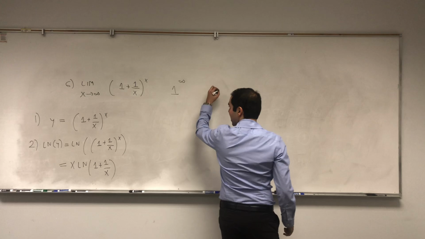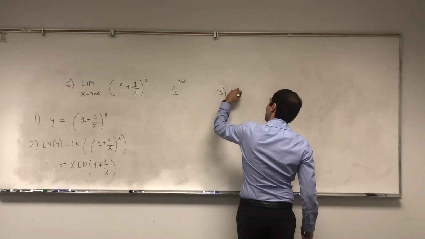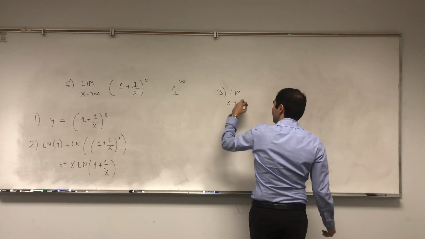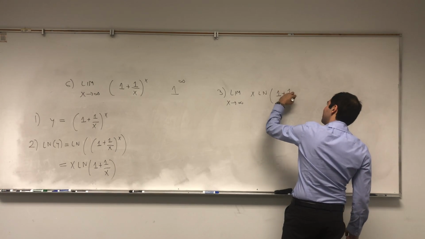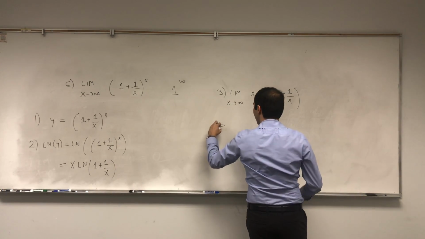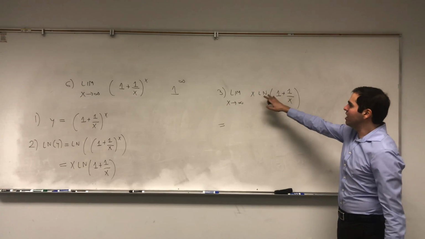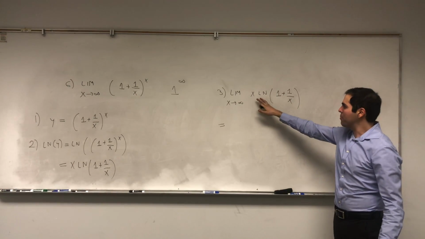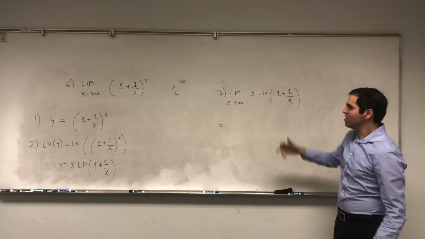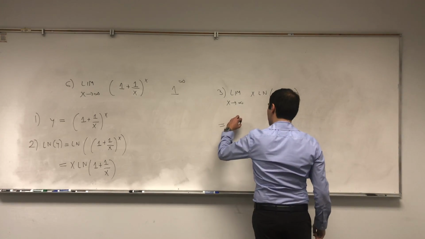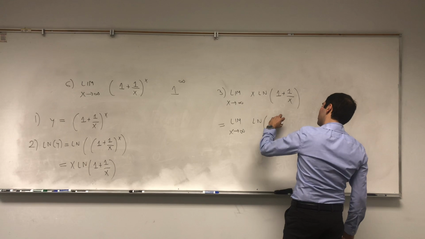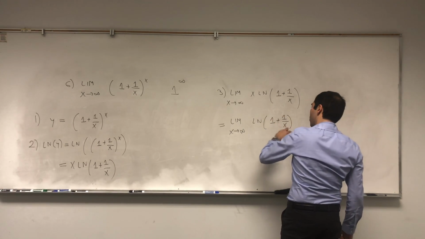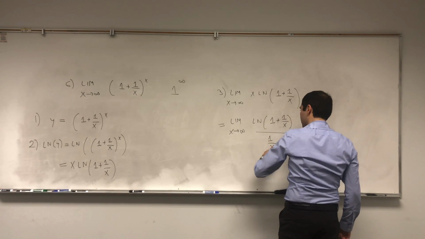And now let's figure out the limit as x goes to infinity of x ln of 1 plus 1 over x. Well, it's very similar to the x ln of x example. Namely, you write x as 1 over 1 over x, so you get ln of 1 plus 1 over x over 1 over x.